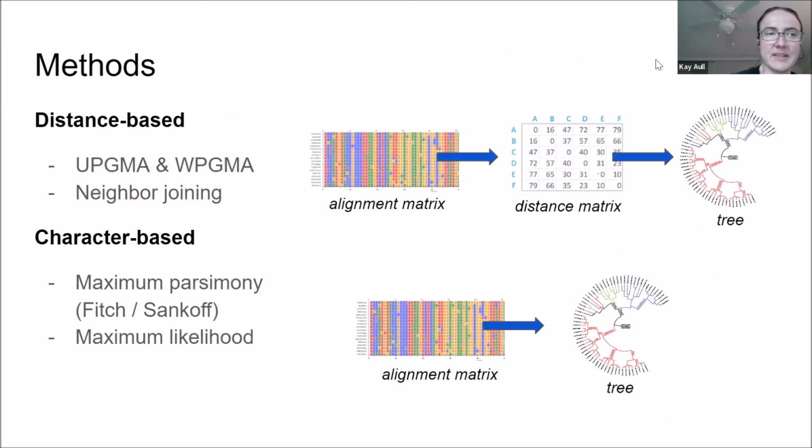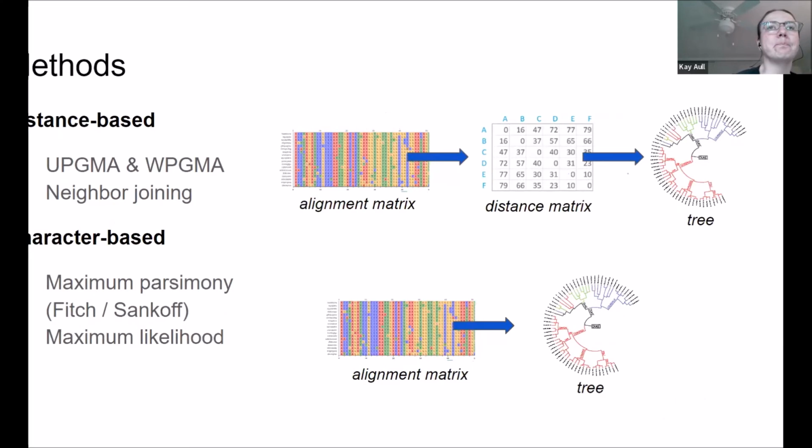All right, so we've talked about these distance-based methods. And you can also look at character-based methods. So in these cases, you're trying to look at parsimony. You're trying to look at what is the minimum number of evolutionary steps I need to get to a place.